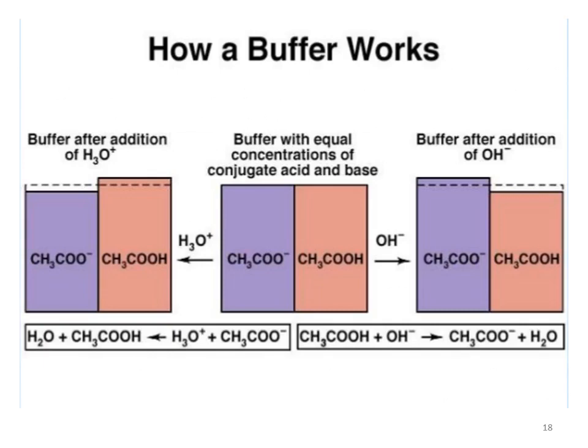Next, I am helping you to understand this with the help of a diagram. Initially, the buffer has equal concentrations of conjugate acid and base. You can see that in the purple box there is acetate ion, and in the pink box there is acetic acid.